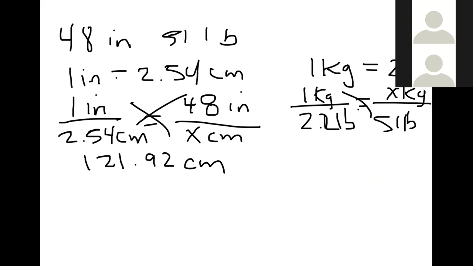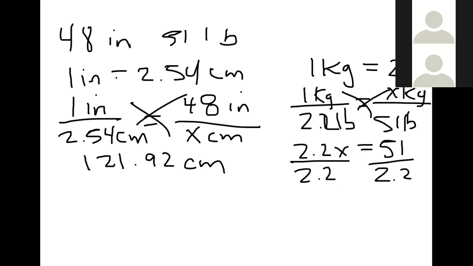So cross multiply, 2.2x equals 51, so x is 51 divided by 2.2, which equals 23.18 kilograms.